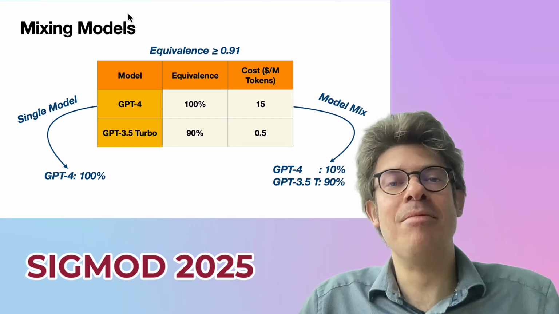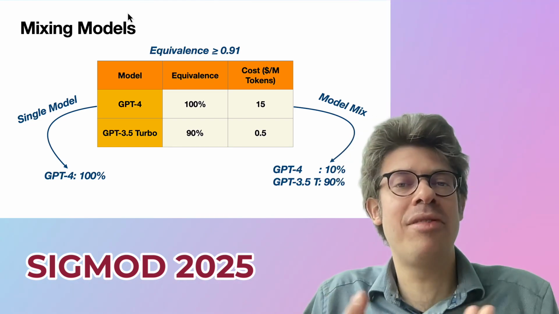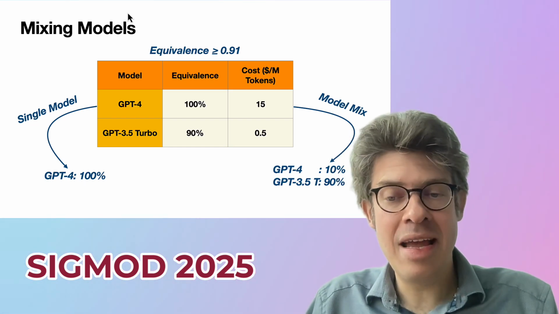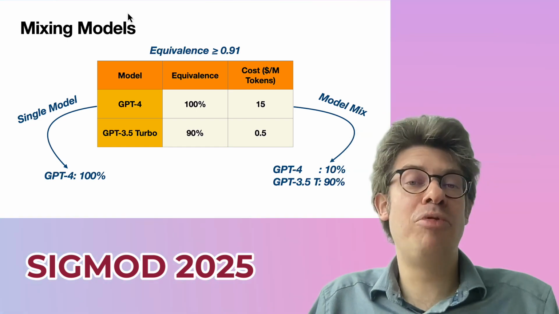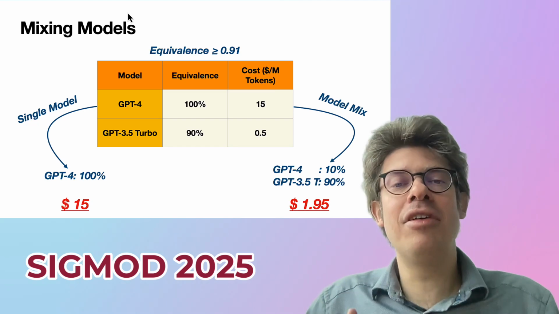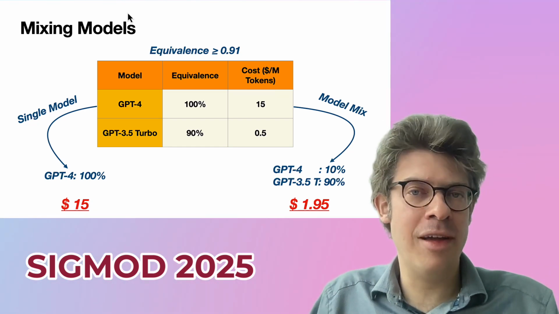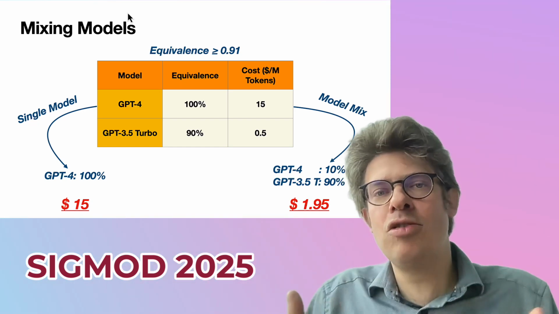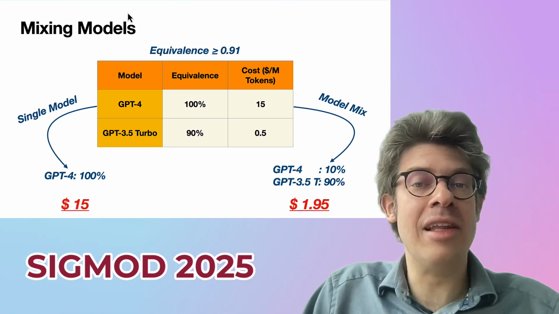But if we can select a mix of different models, then we can process about 10% of the remaining data items with GPT-4 and 90% of the remaining data items with GPT 3.5 Turbo. And doing that results in significantly lower costs overall compared to having to use the reference model in all cases, and that shows that using a combination of different models can be beneficial compared to using only a single model.